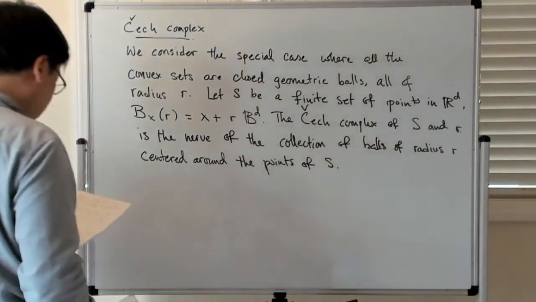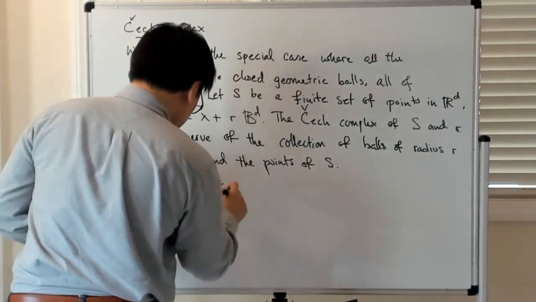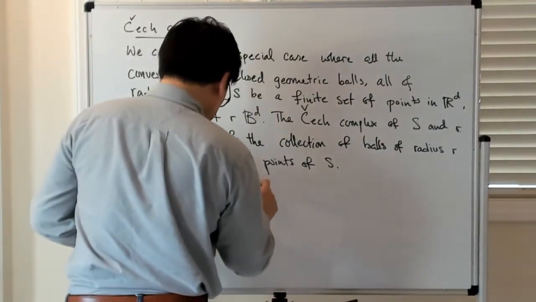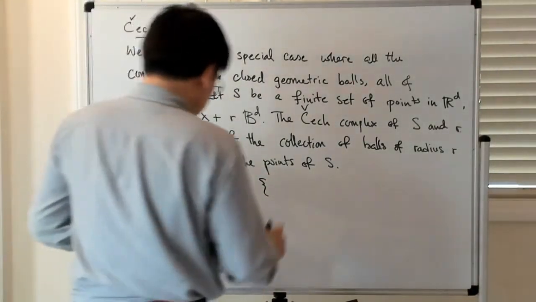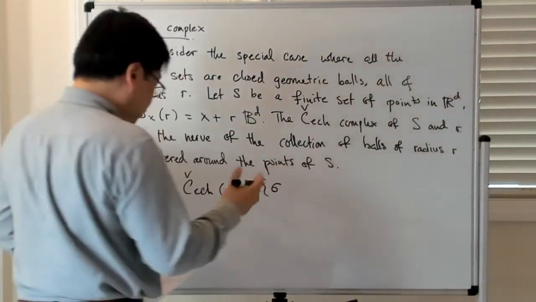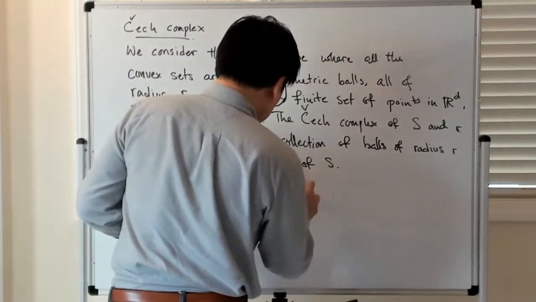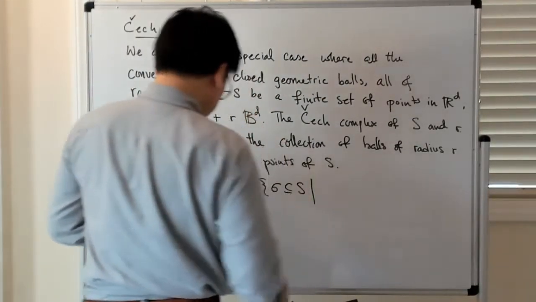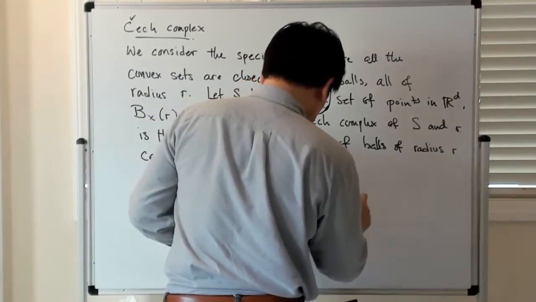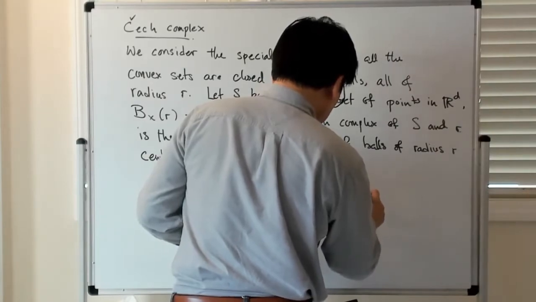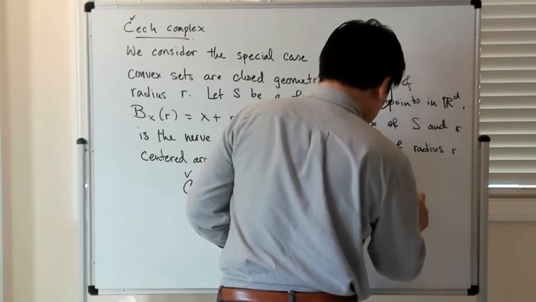Okay, so I can write that as follows. So the Cech complex of radius r, right, is the collection of subsets of points, if you will. Okay, so sigma is contained in S with the property that the intersection over x in sigma of the balls of radius r about those points, right, is non-empty.